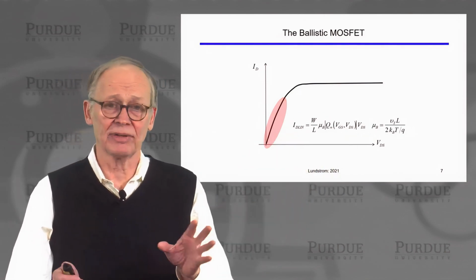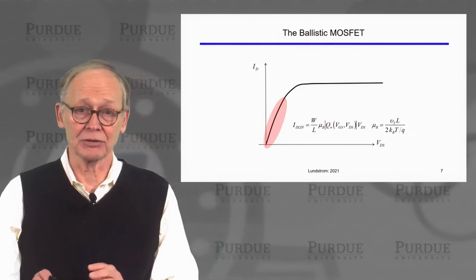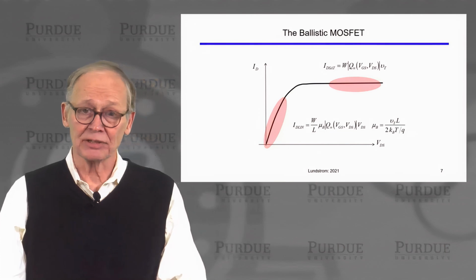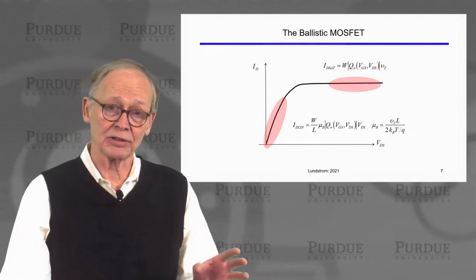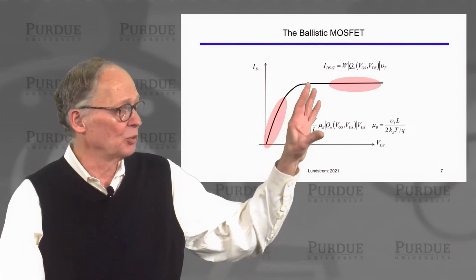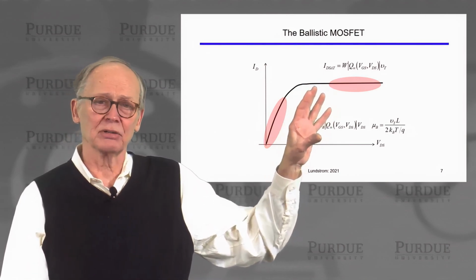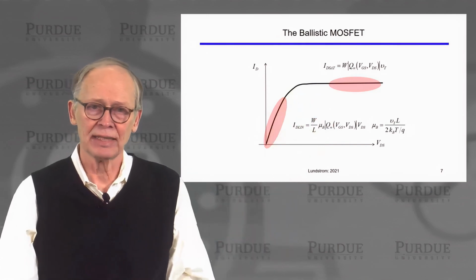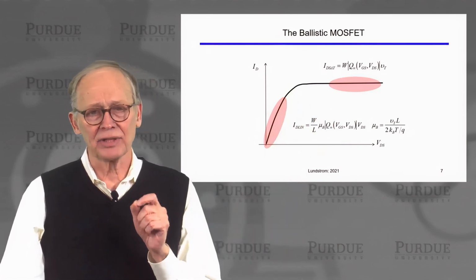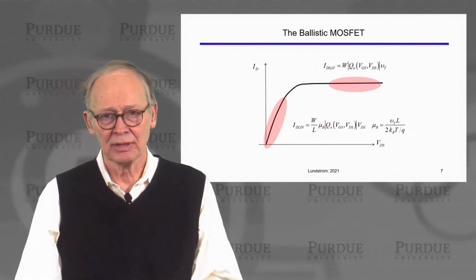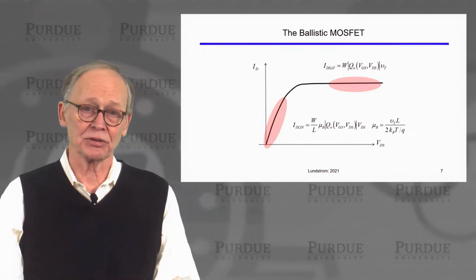And it had a well-defined value in a ballistic MOSFET. Under saturation conditions, we deduced a current equation that looks very much like the traditional velocity saturation model. It's just that instead of using the high field scattering limited velocity in bulk silicon, we use this unidirectional thermal velocity.